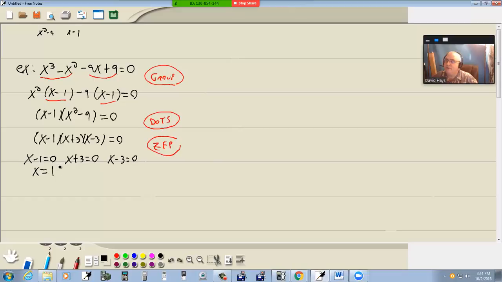This one I take negative 1 over, becomes a positive 1. Here I take 3 over, becomes a negative 3. And here I take negative 3 over and it becomes a positive 3. And those would be my 3 answers. Now it could be that you have to use the quadratic formula within this process. So if you can't factor it completely and you got a quadratic, you may have to use, say, the quadratic formula.